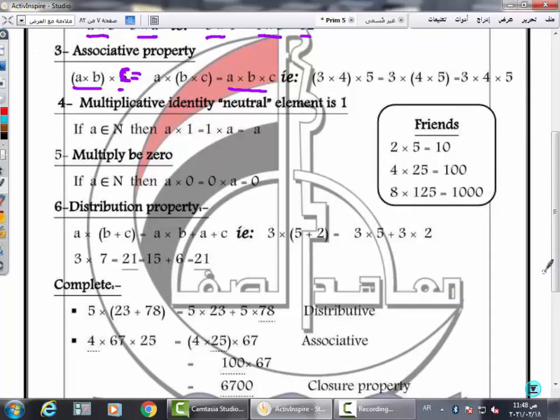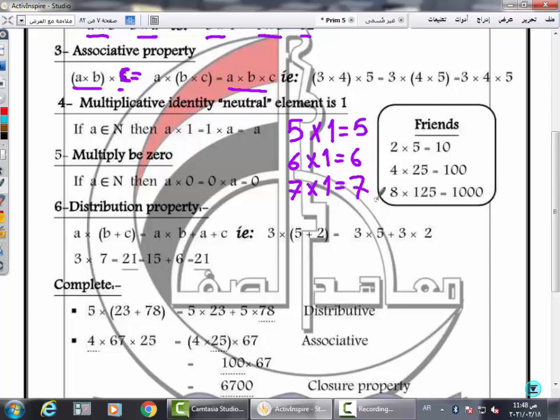Multiplicative identity, or multiplicative neutral. The additive neutral element is 0, but the multiplicative neutral element is 1, because 5 times 1 equals 5, 6 times 1 equals 6, 7 times 1 equals 7.